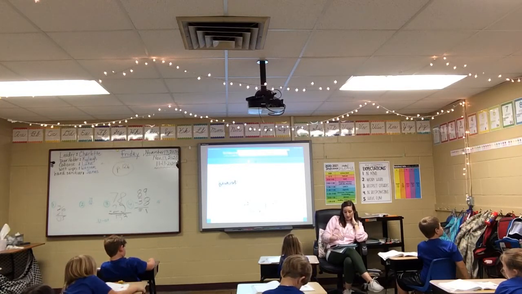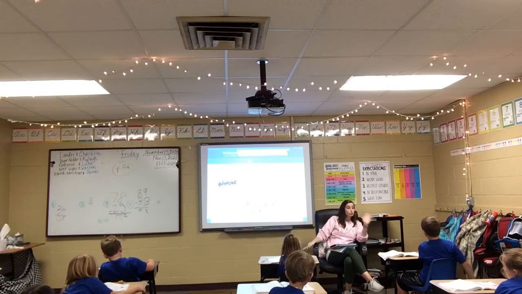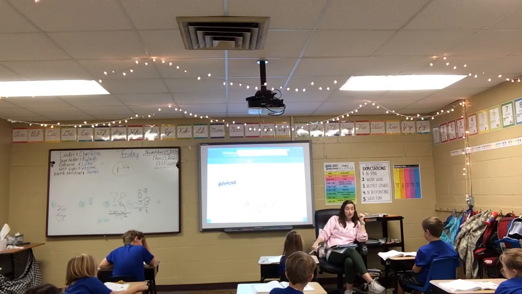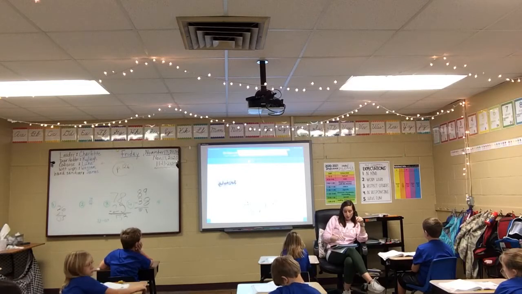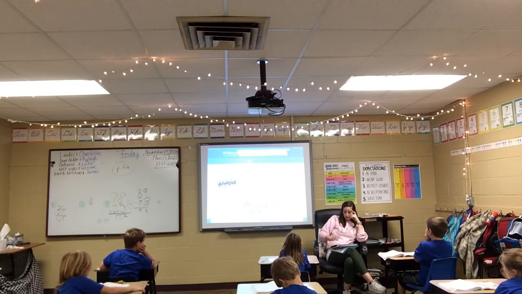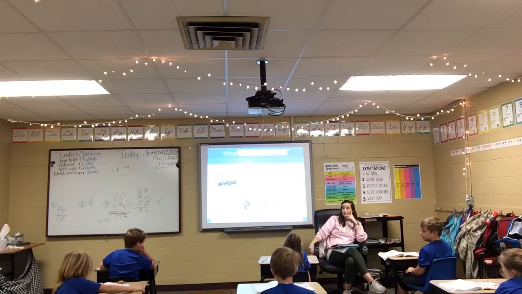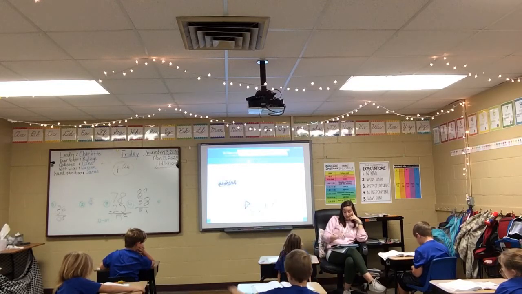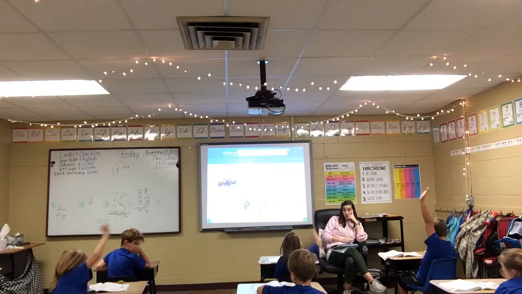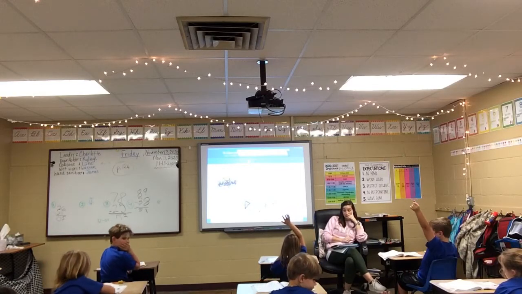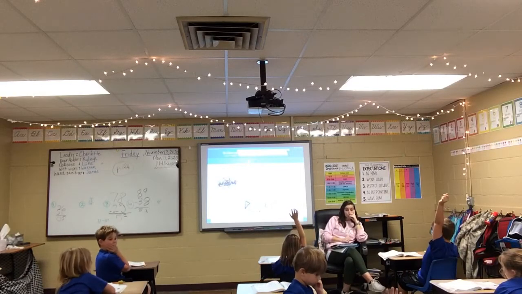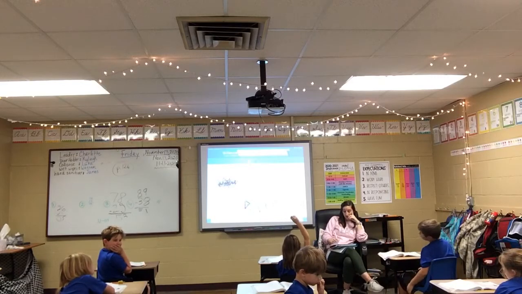So we've taken the 10 block, it's no longer there, and we're putting it over here. Okay? So now, how many 10s do we have? Sterling? No? We have 0 10s.